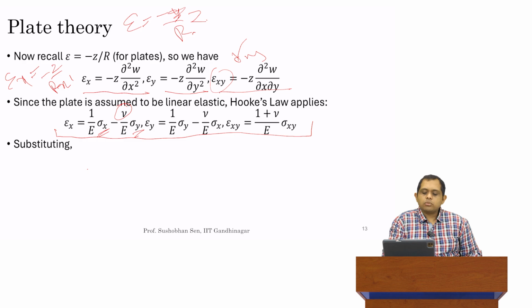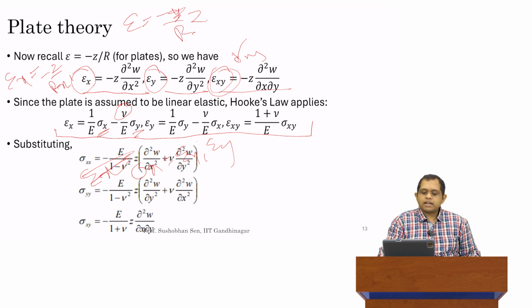Similarly for the other normal strain and the shear strain. So now what I can do is rearrange this. With these equations, I can write sigma x in terms of epsilon x and epsilon y. Similarly sigma y, similarly tau xy or sigma xy. And then I can substitute for epsilon x, epsilon y, and epsilon xy.